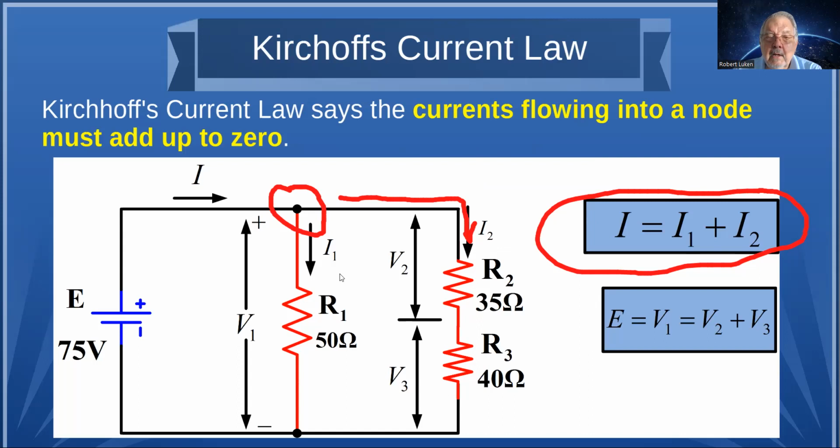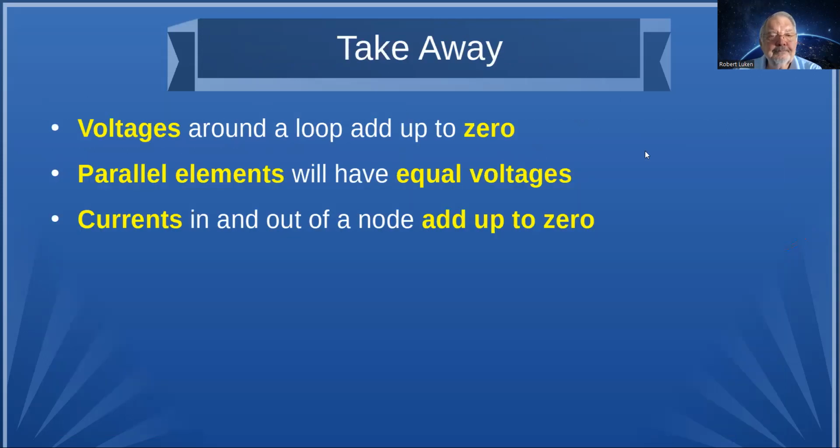Whereas in a parallel circuit, the voltage across all the components is going to be the same. So the voltages around the loop add up to 0. Parallel elements have equal voltages. Currents in and out of a node add up to 0. Basic Kirchhoff's current law and voltage law.